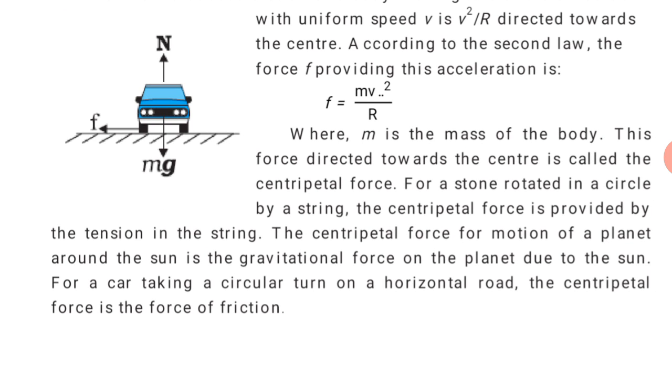The centripetal force for motion of a planet around the sun is the gravitational force on the planet due to the sun. Similarly, for a car taking a circular turn on a horizontal road, the centripetal force is the force of friction.